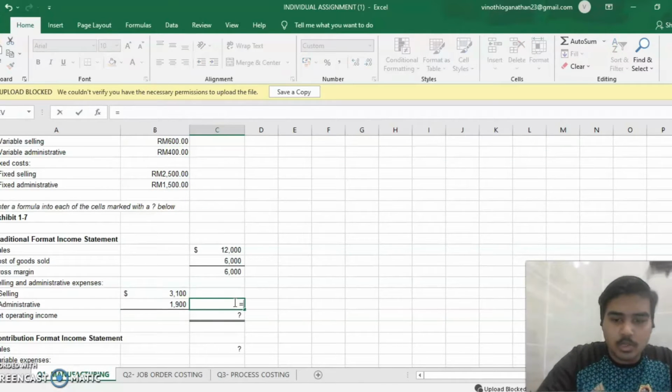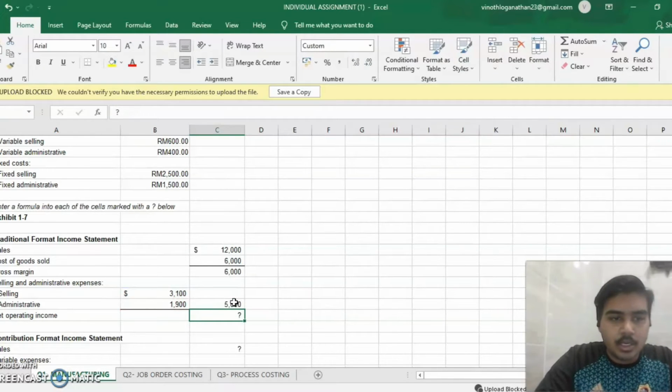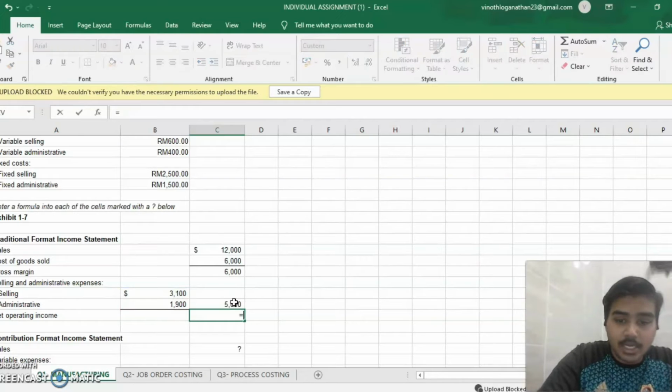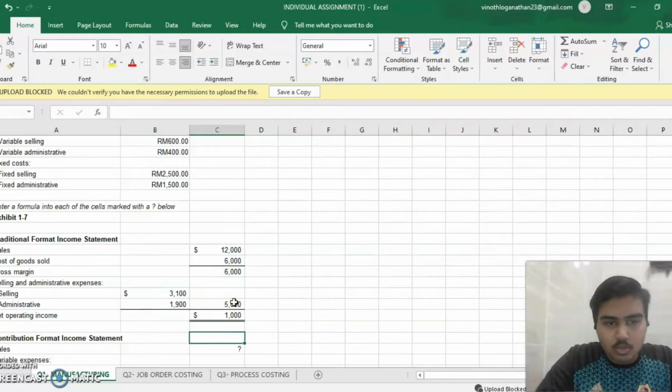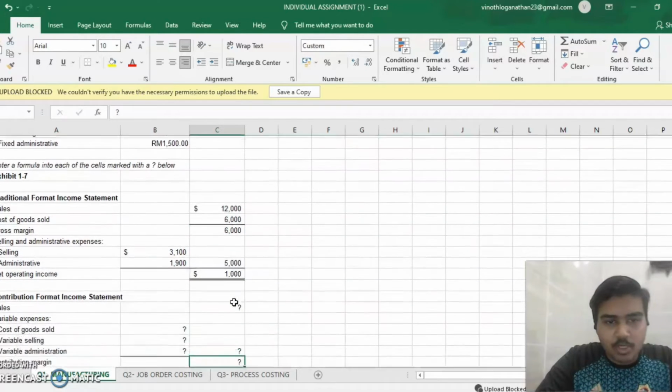So here should be B24 plus B25. And then our net operating income will be the gross margin minus the total selling and administrative expense. So the net operating income will be 1,000.